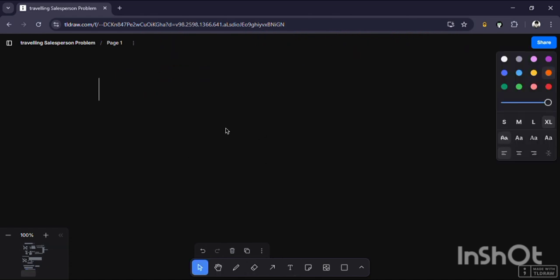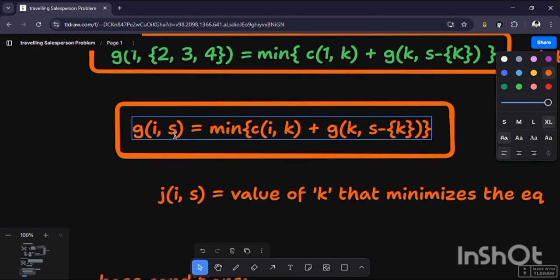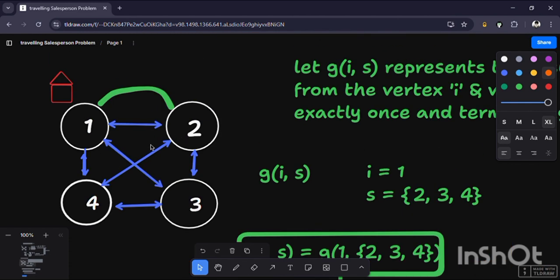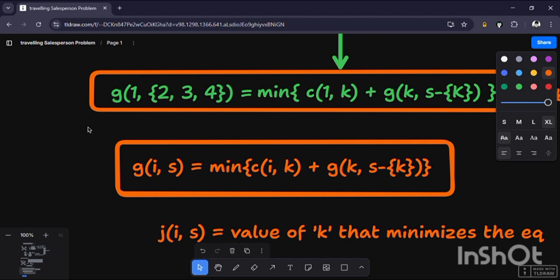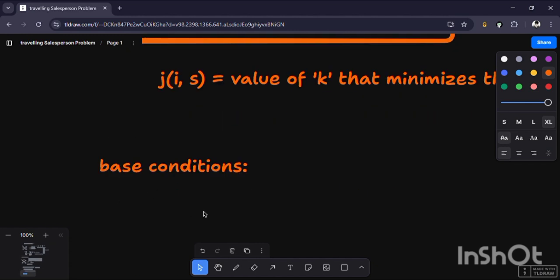Let me write the base condition here. The condition will be when S becomes phi, right? When I don't have any options, I have only one option: I have to go to just the source vertex. So that will be my base condition.